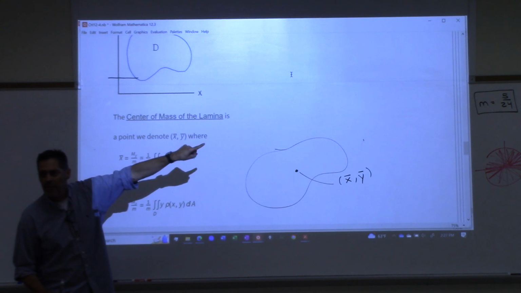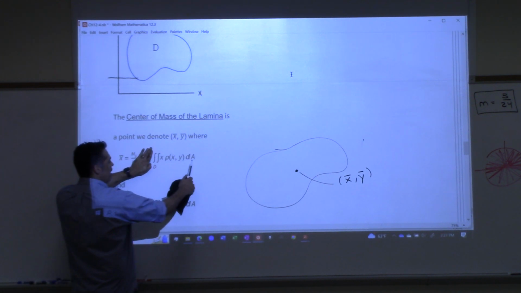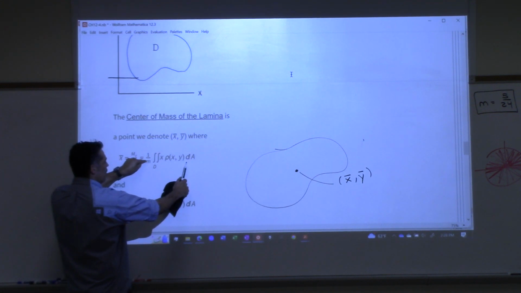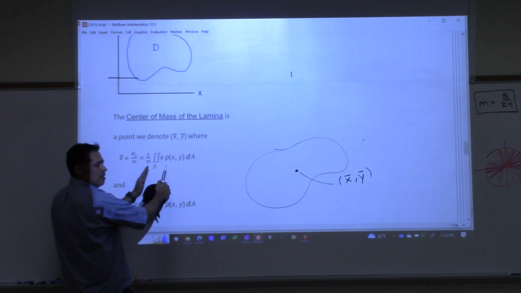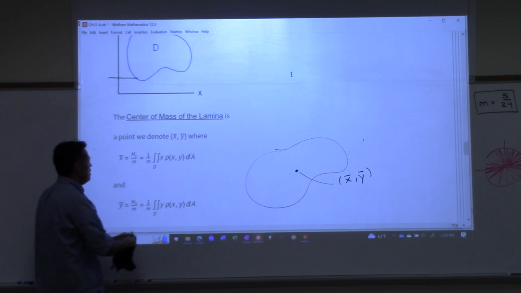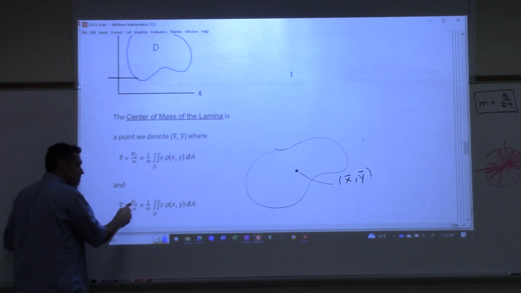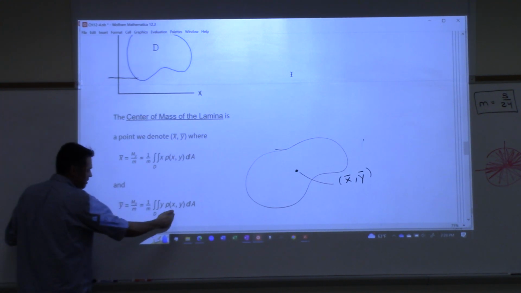We already found the mass, right? Multiplying by 1 over m is the same as dividing by m. So that's the calculation for the center of mass x coordinate. And then for the y coordinate, it's the moment about the x divided by mass, which is this integral.